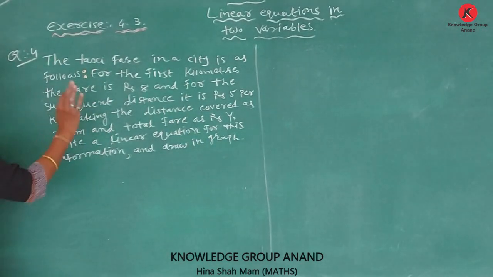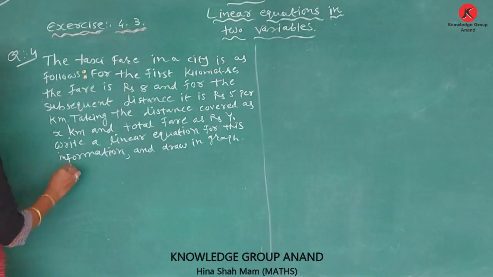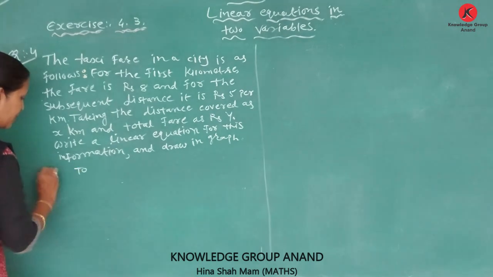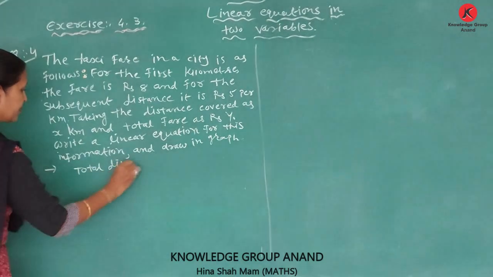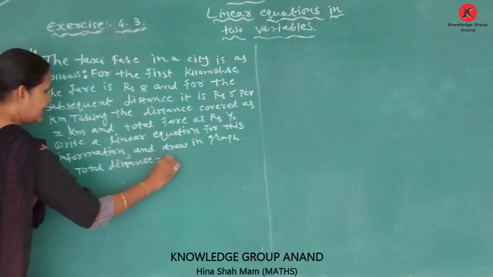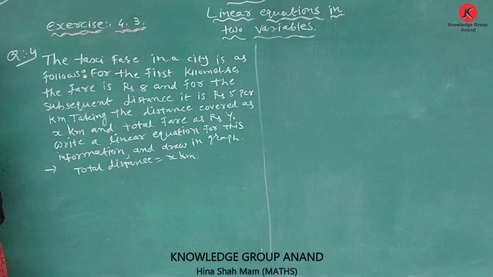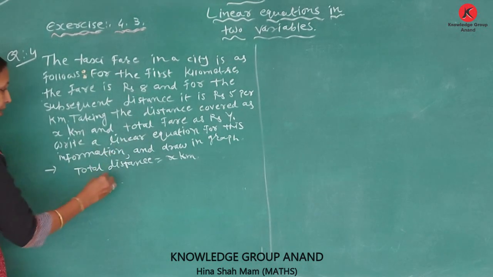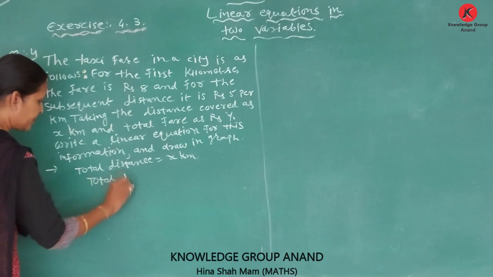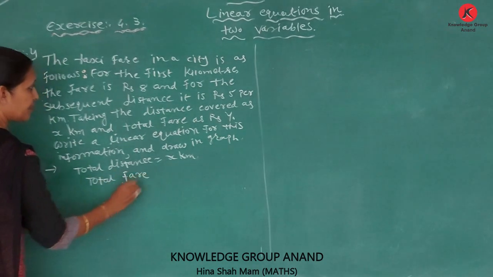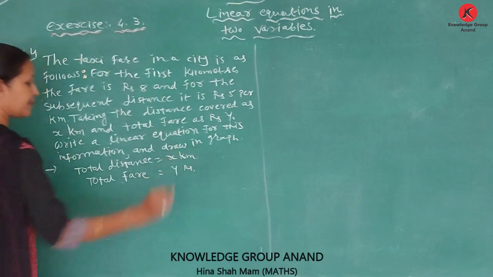Here, what is given? The distance covered is x kilometer. Therefore, total distance is equal to x kilometer. Total fare is equal to y.